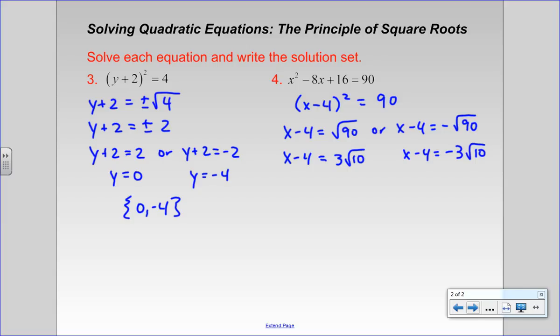Finally, adding 4 on both sides of the equation, we see that we have two solutions. The two solutions of the equation are 4 plus 3 times the square root of 10 and 4 minus 3 times the square root of 10. In the shorthand notation, we can write these solutions as 4 plus or minus 3 times the square root of 10.